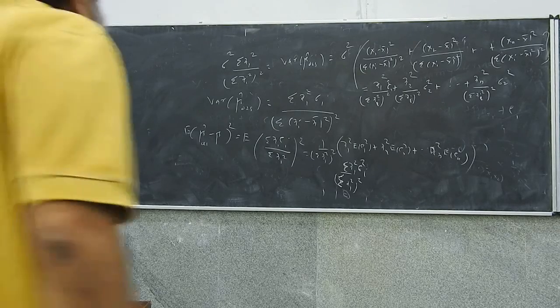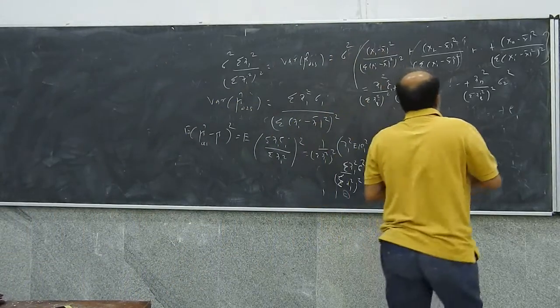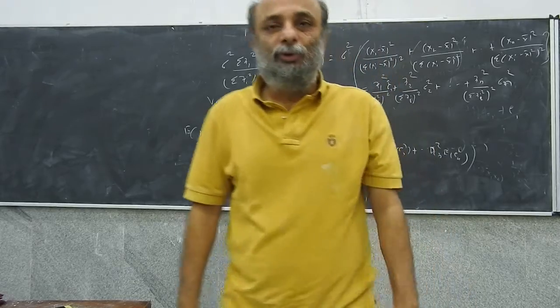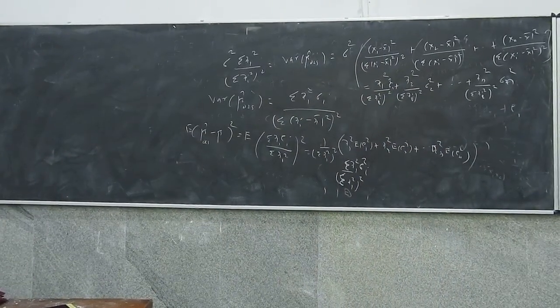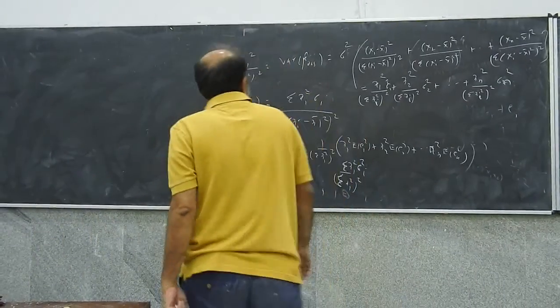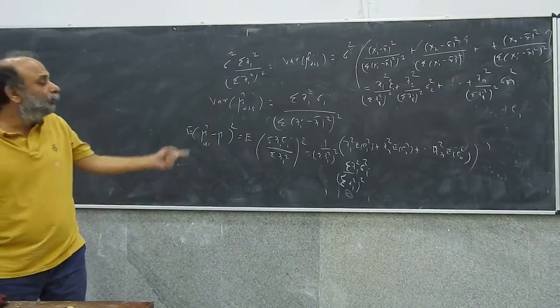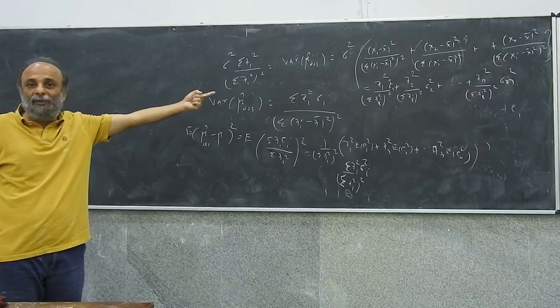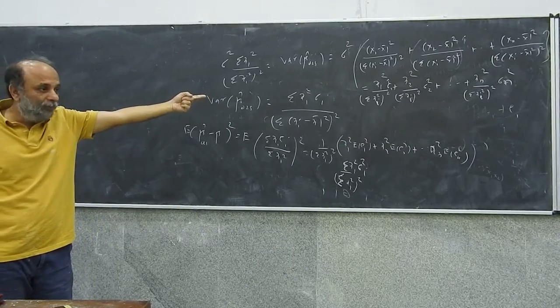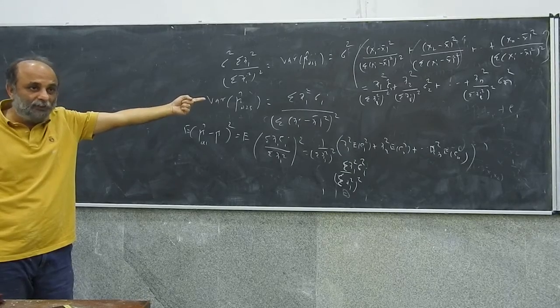suppose all the variances are different, right? If all the variances sigma 1 square, sigma 2 square, sigma 3 square, sigma 4 square are different, then this will be the correct formula for the variance of beta hat in the presence of heteroscedasticity.